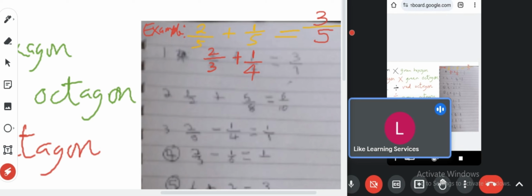Actually, I'm happy that you know that there's something we can do to make the denominators the same, but it is not by adding any number. It should actually be by multiplying. Every time it should be by multiplying, okay?